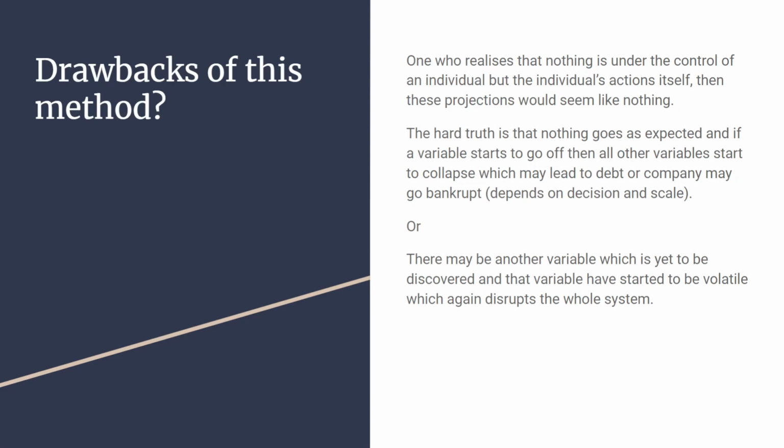There may be another variable which is yet to be discovered. So this is also another case, the hidden variables or the variables which are unknown, were likely to be volatile, may or may not be.